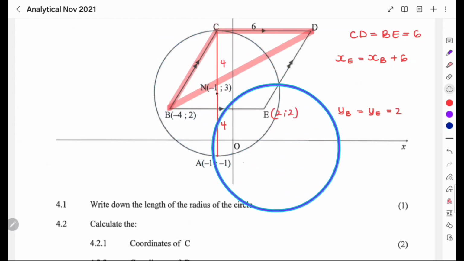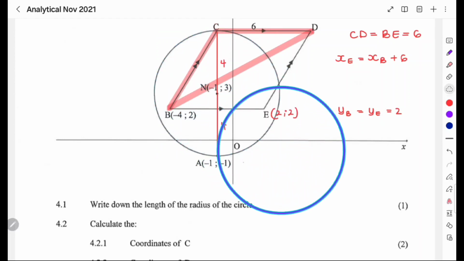So the center of the circle is at 3 and -1. So let's make it about here. Now, F is going to be this point over here.